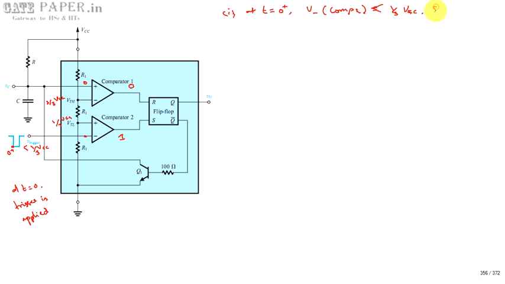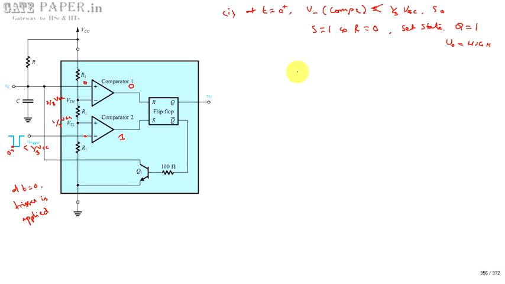Okay, so that makes S is equal to 1 and R is equal to 0, which is nothing but set state. Set state is nothing but Q is equal to 1, that is V0 will go high.